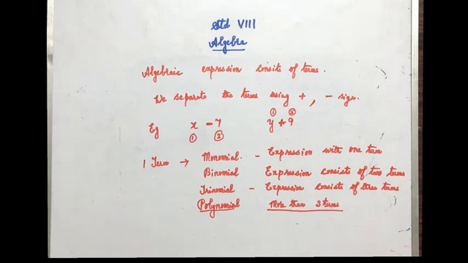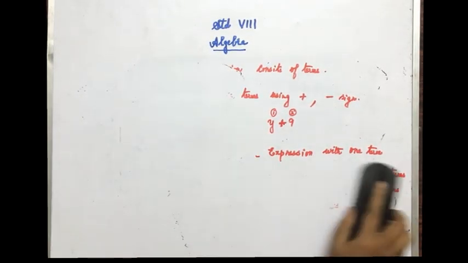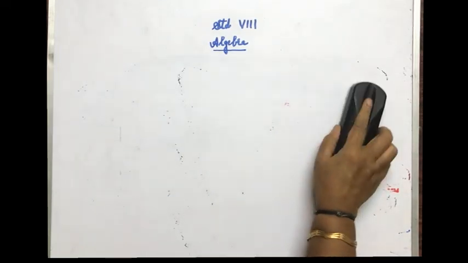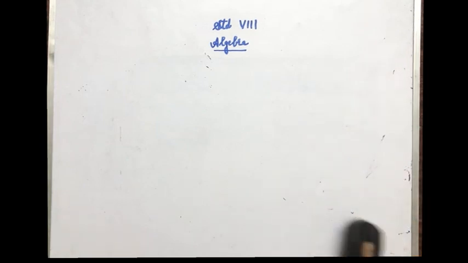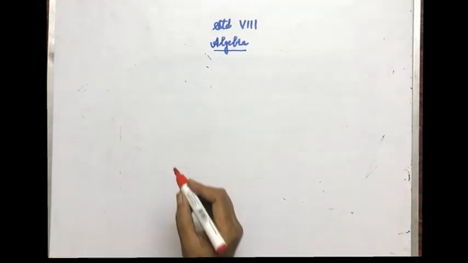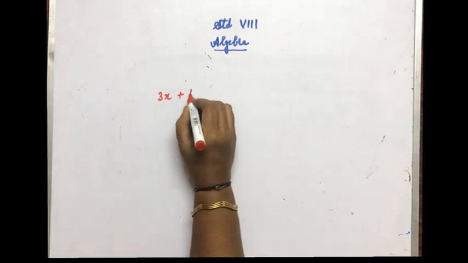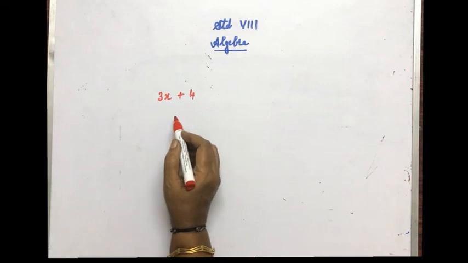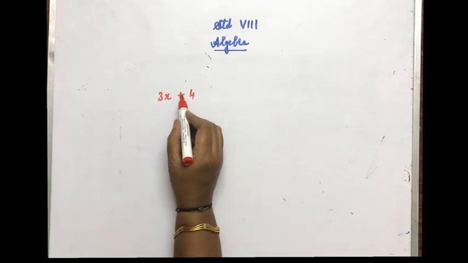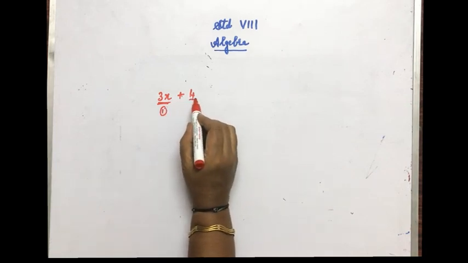Now we will see examples. If we take 3x plus 4, already I have told you plus sign and minus sign are used to separate the terms. So before plus we have 3x. So this is one term and 4 is the second term.